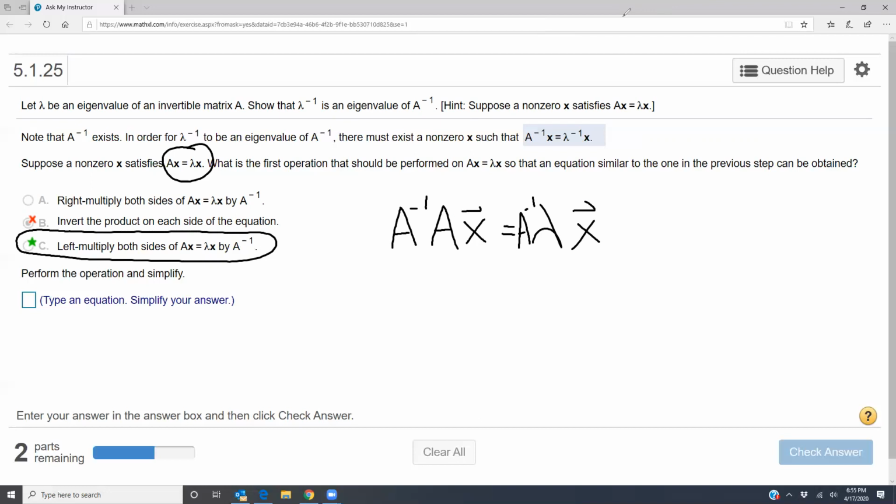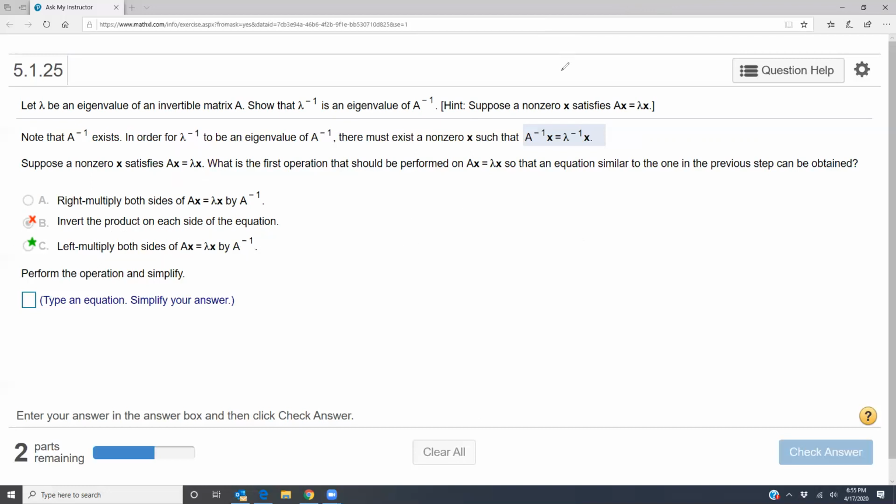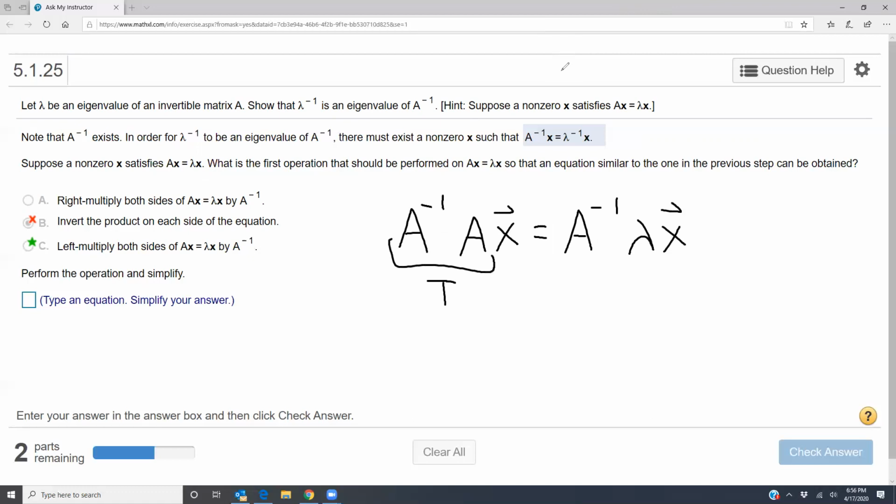And so what I get, if I do that, is A inverse A x equals A inverse lambda x. And we know that A inverse times A is the identity. So this becomes x equals A inverse lambda x.